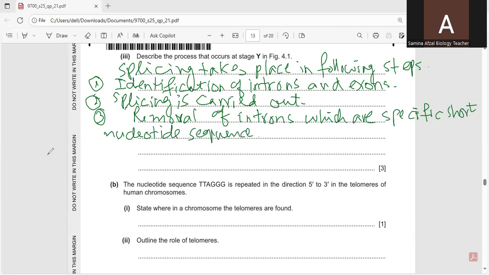So these are the non-coding sequences. After the removal, the intron sequences are gone.